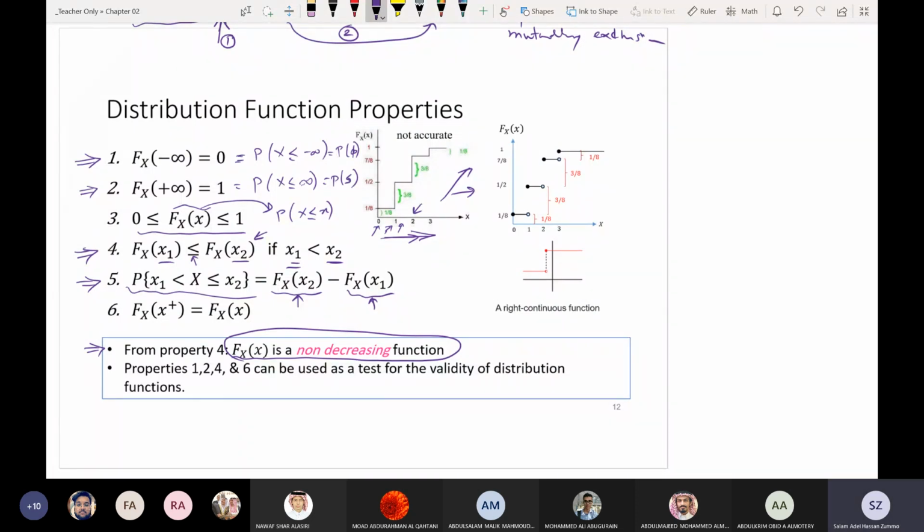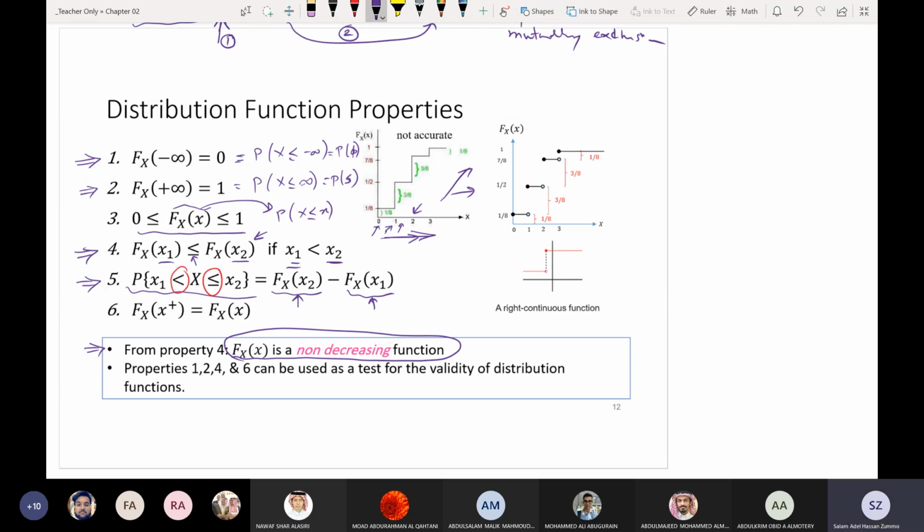Here, for example, notice there is no equality here and there is equality here. Just note this. Let me put it in a different color. In continuous random variables it doesn't matter. In discrete random variables it matters.